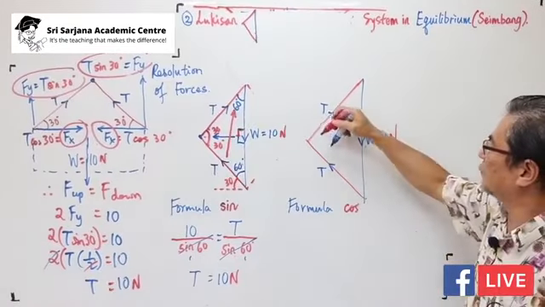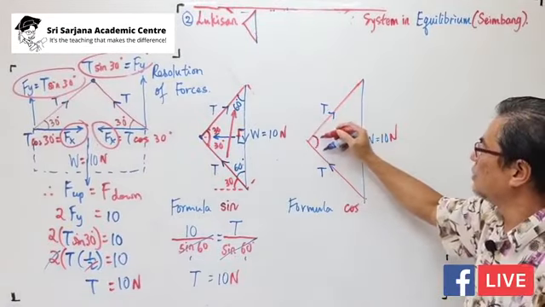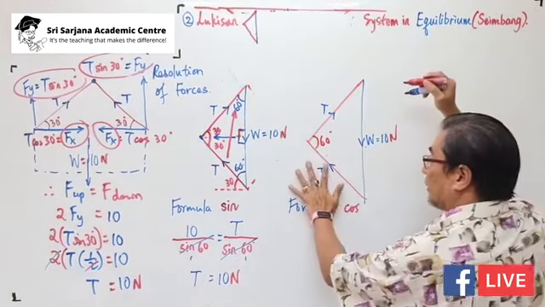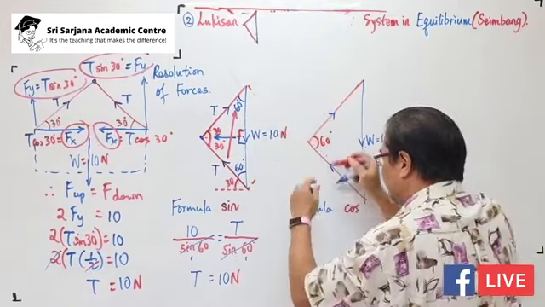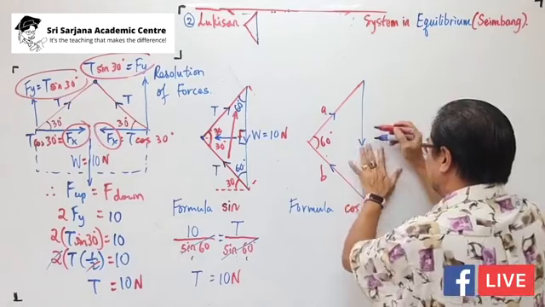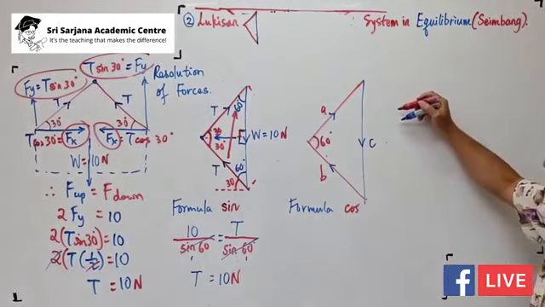We know we have this one as a value of 60 degrees. Just bring back a bit of your memory. This is A, this is B, and let's say this is C. You remember in maths you learned this?